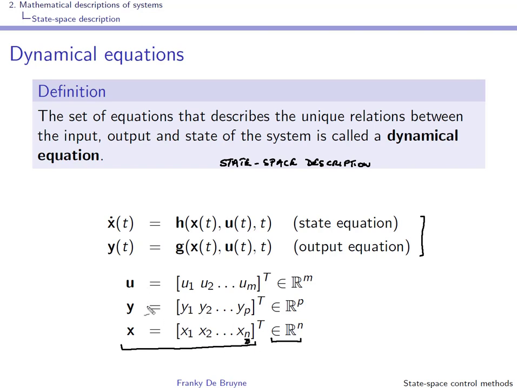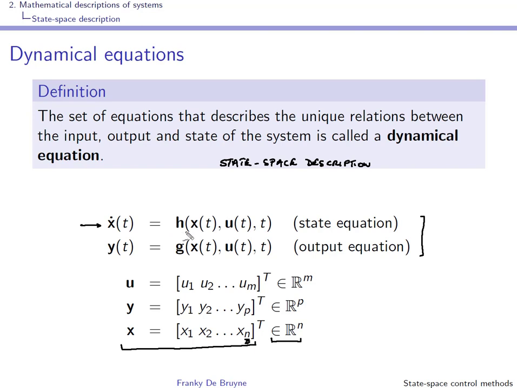Well, the state space description is composed of a dynamical equation. It's dynamical because here we have a derivative, and it's called the state equation. It characterizes the evolution of the state. The derivative of the state is a function of the state itself, the input and time.